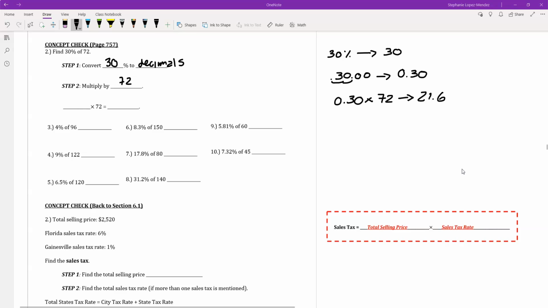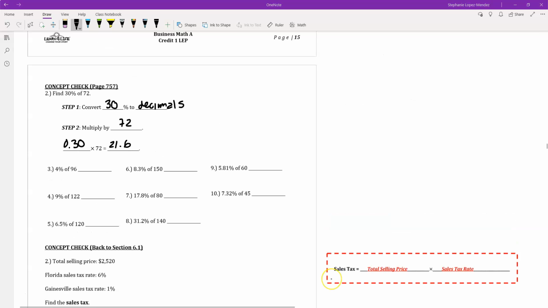So if I want to write it down right here, we found that 30% was 0.30 in decimals. I multiply this by 72, and my answer is 21.6. Okay, so now let's do another problem.